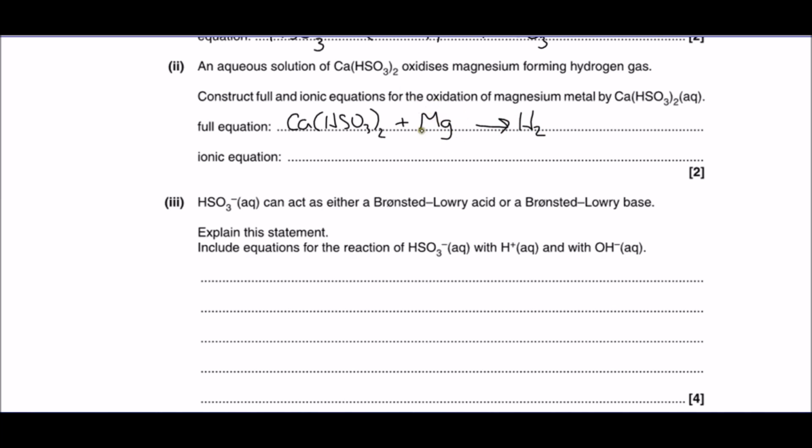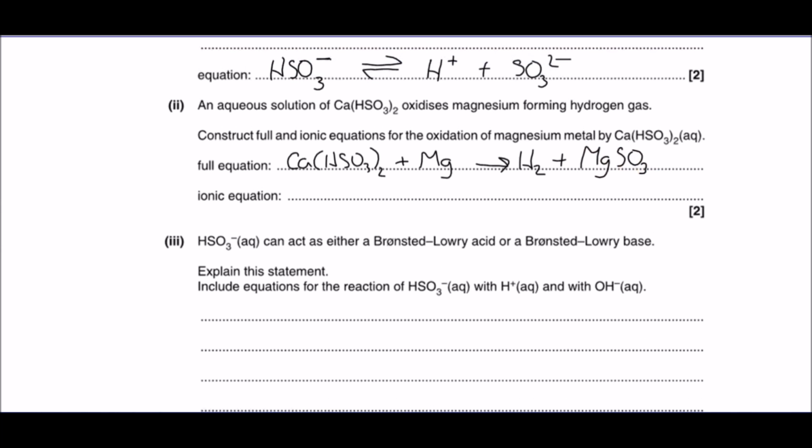Magnesium is in a zero oxidation state here because it's an element, and it's going to go to +2 on this side because it's being oxidized, and it's in group 2, so that's its only option, is to be +2. So let's look over here at what we can match that all with. So we've got rid of the hydrogens and we're left with some SO3 ions. So we can make MgSO3 because of course SO3 is 2-, we've just seen that up here. Mg is 2+, so that's a perfectly good answer.